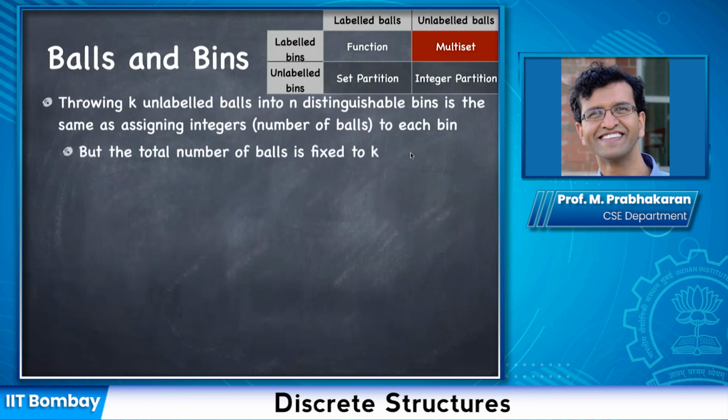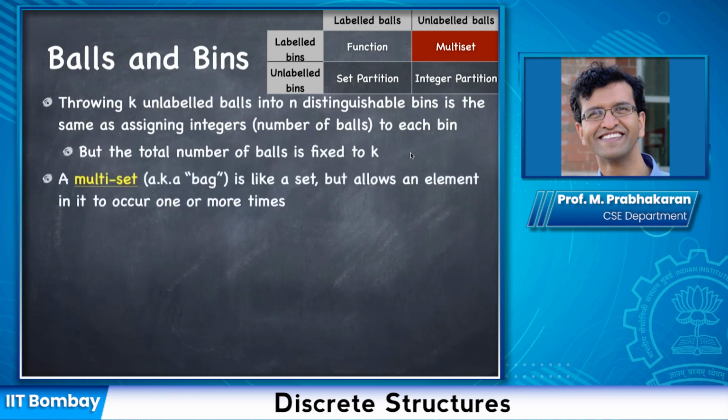It turns out a very nice way to look at this problem is using the language of multisets. So let me quickly define what a multiset is. A multiset is like a set, but allows elements to occur multiple times. In a set, each element either occurs or doesn't occur.